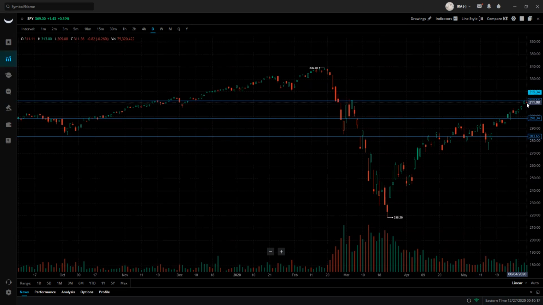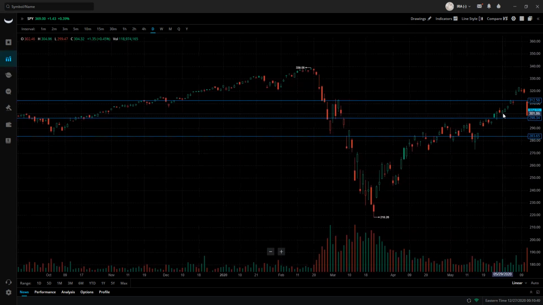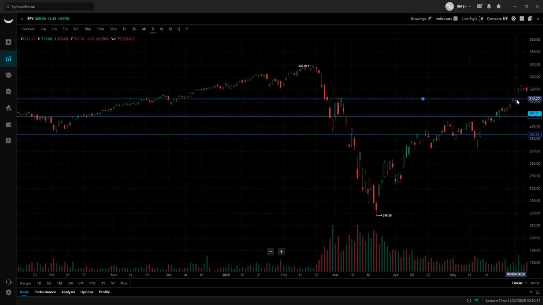So this is my signal for selling my long positions, on this red day, typically. When you have a red day that closes below the resistance area in this case, that's typically a red flag saying you should either scale out of your position or completely sell it. What happened in this case is price gapped up above that zone.